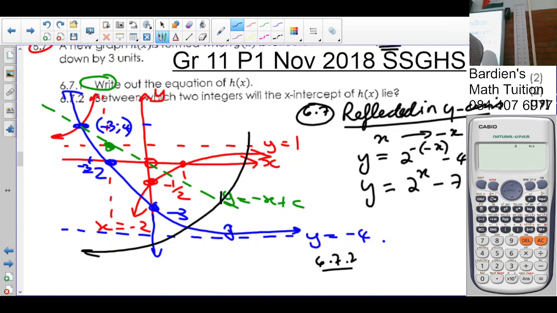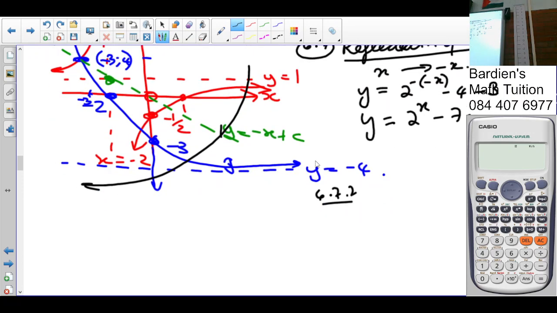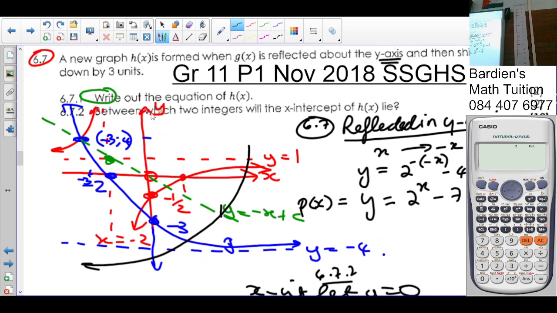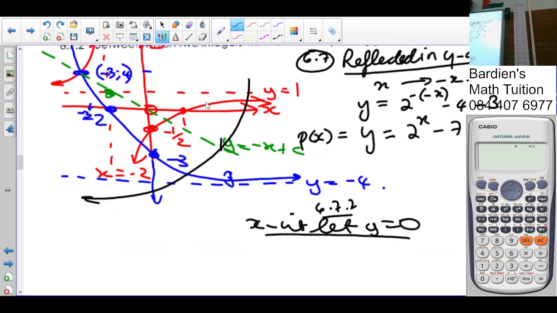How do you work out the x-intercept? We let y equal to 0. So we say x-intercept, let y equal to 0. So if y is equal to 0, that was h of x, not p, but h.